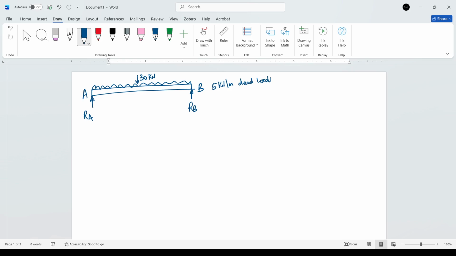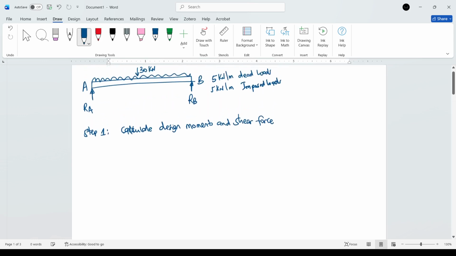Then we have 5 kilonewtons per meter imposed load. All right. So step number 1 is to calculate design moments and shear force. Calculate the design moment and shear force.